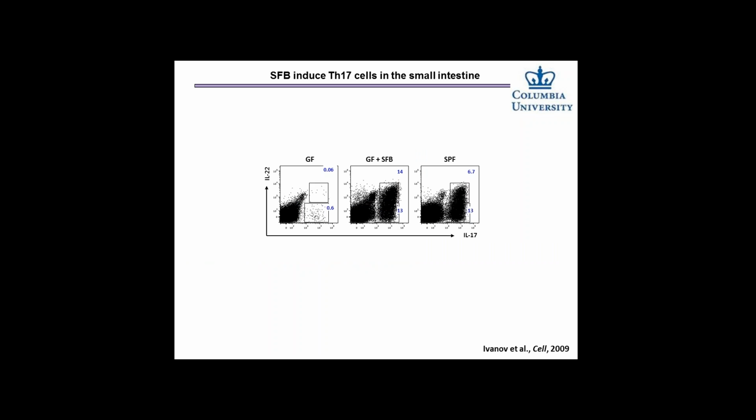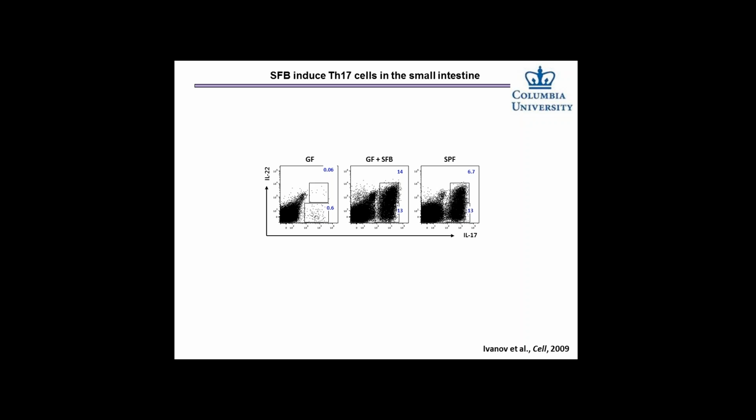So the way we solve this problem is by collaborating with a Japanese company called Yakult, who had back in the 90s generated SFB mono-associated animals. So they had generated mice, kept them in isolators that only have SFB and no other microbe, and we have since tested that, and indeed they don't have any other bacteria in their feces except SFB.